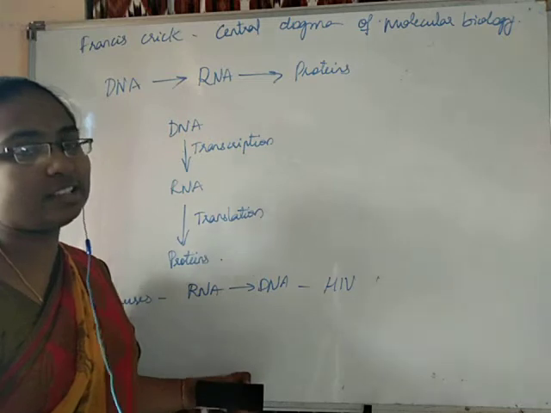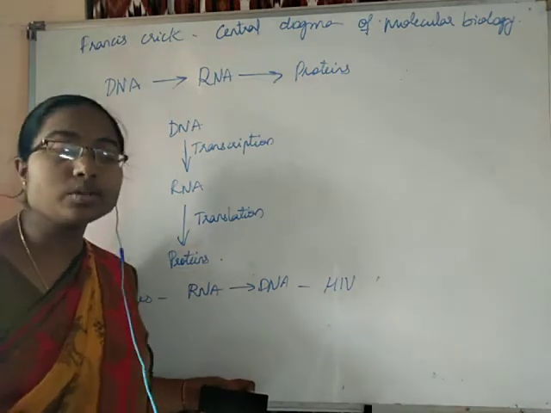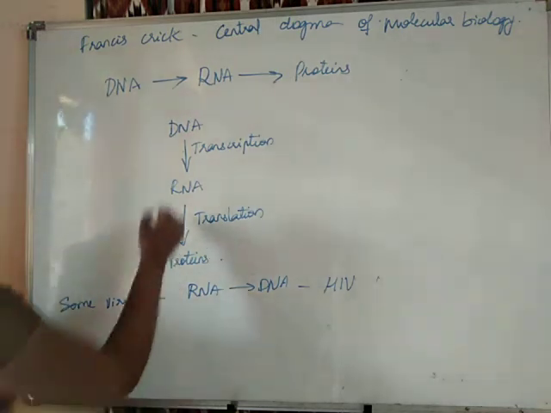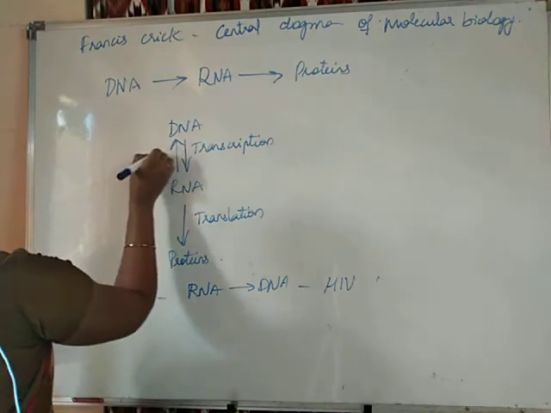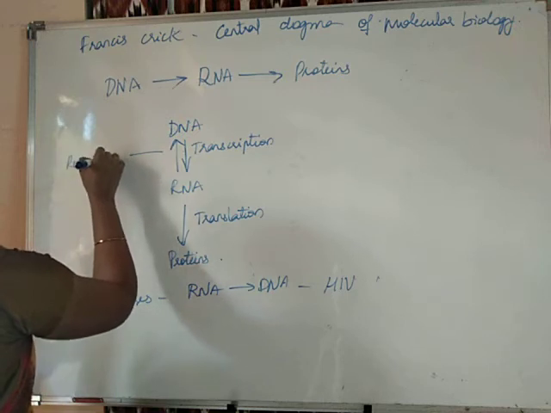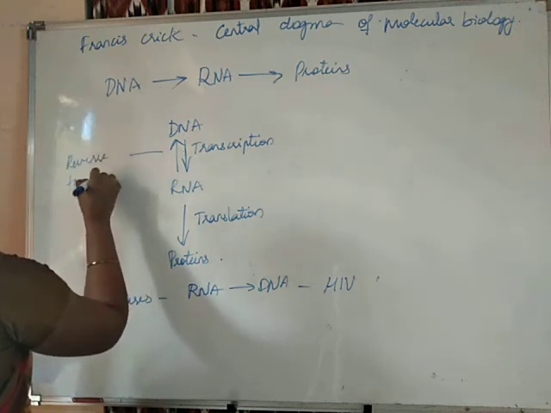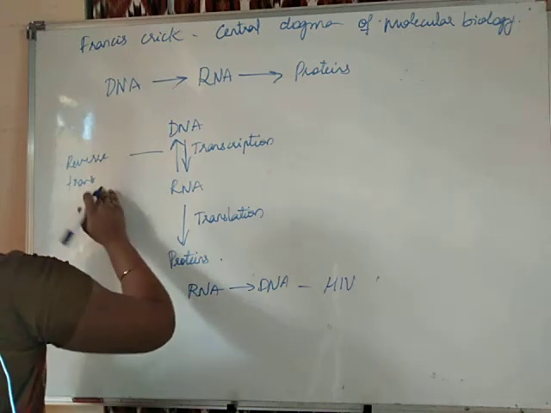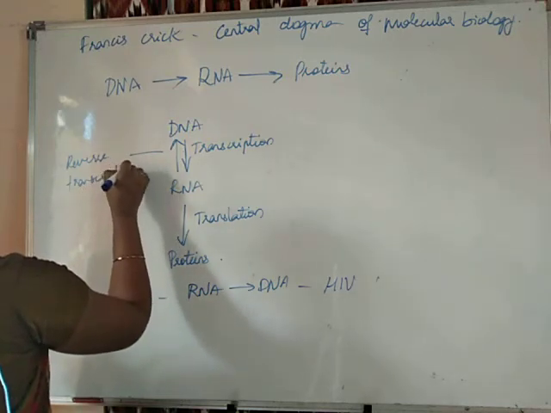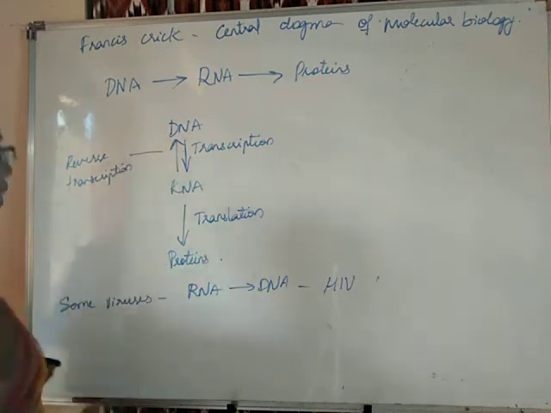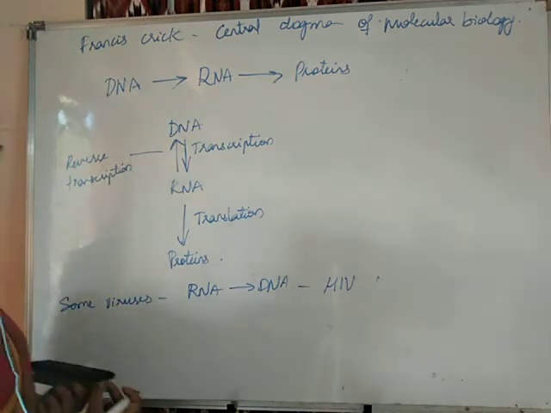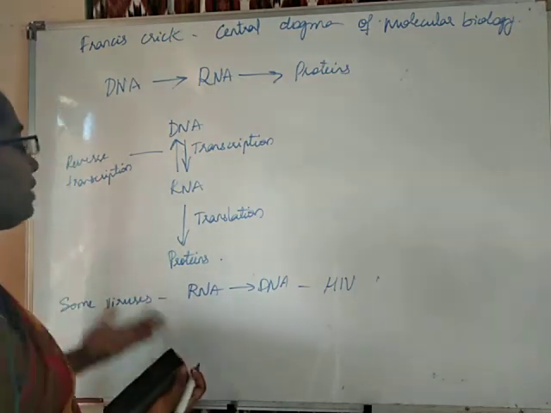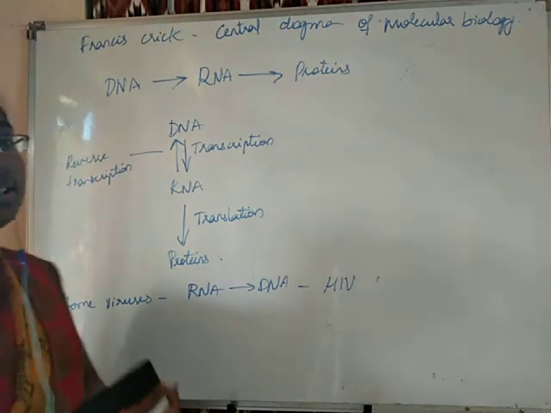It's a retrovirus, and it has RNA. Using the enzyme reverse transcriptase, DNA is produced from RNA. The conversion of RNA into DNA is called reverse transcription. So, in some viruses, reverse transcription occurs, converting RNA into DNA. Example, HIV.